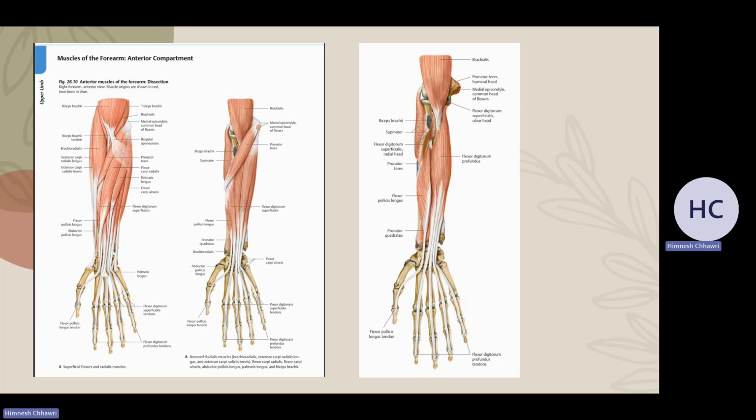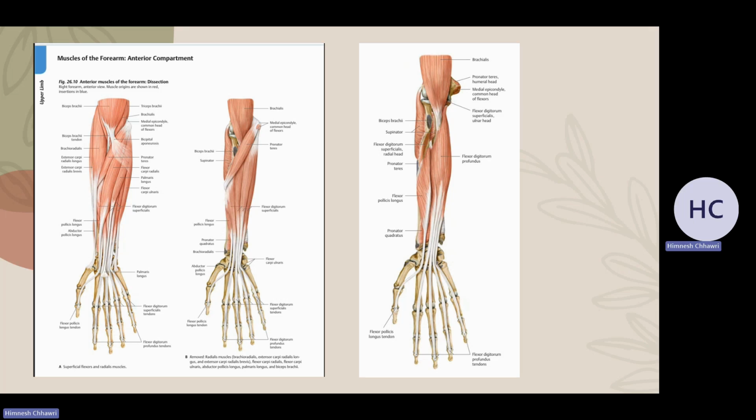And the flexor digitorum profundus, only the deep one, and only the medial two digits, that is the fourth and fifth digits, are innervated by the ulnar nerve.